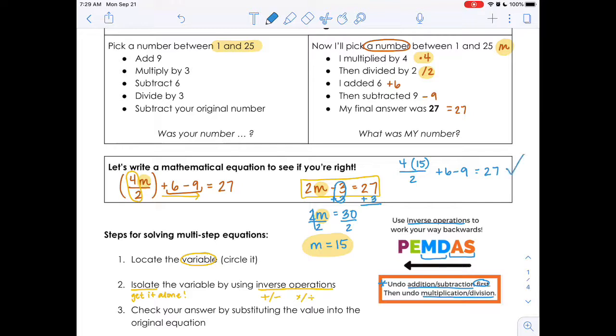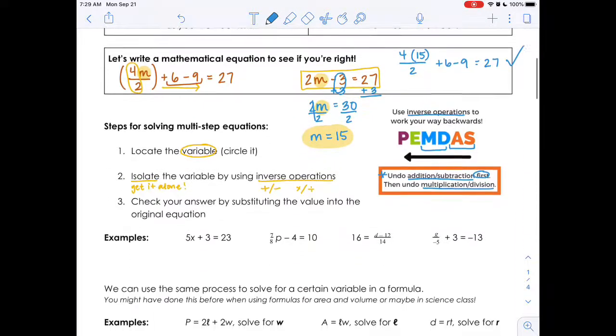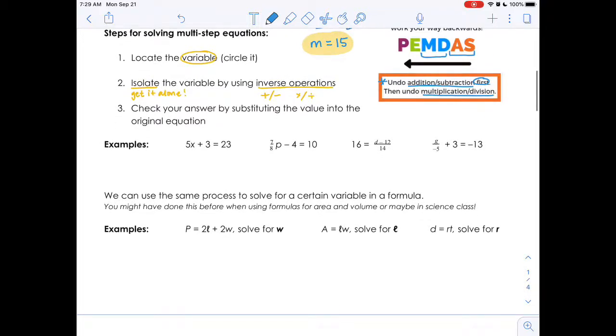So yes, 15 was my magic number. Good job if you guessed that in the first place. And if you didn't, hopefully you can see how we're able to think through that. So now we're going to take a look at several more examples.